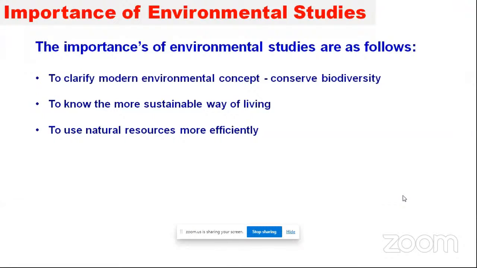And natural resources are very, very important. Now what is a natural resource? River is a natural resource, mountain is a natural resource, soil is a natural resource, your rivulets, climate is a natural resource, weather is a natural resource.